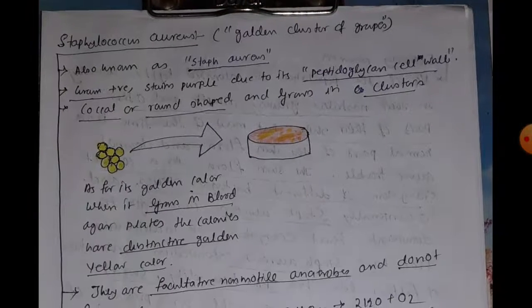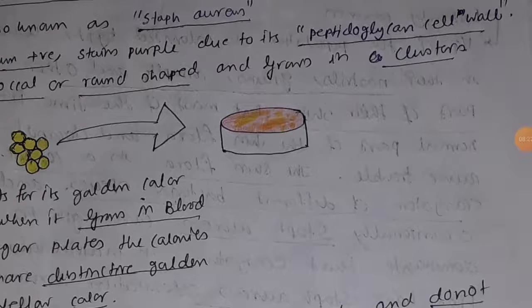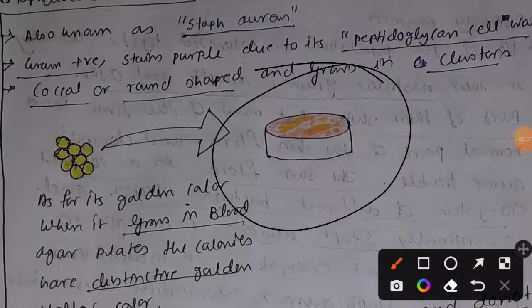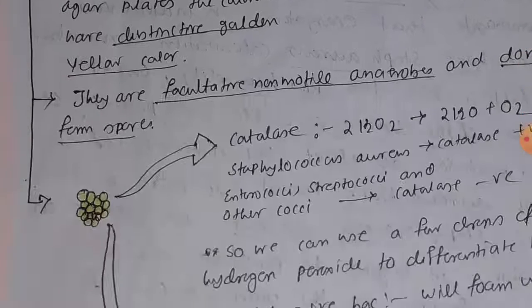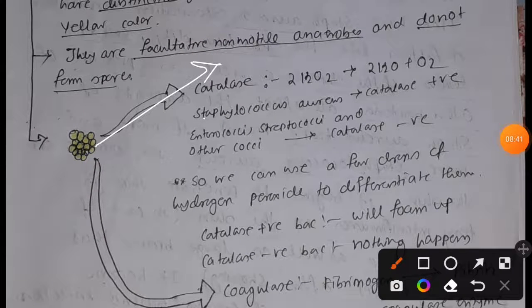So that is the introductory video of Staphylococcus aureus. It is a coccus, a round-shaped bacterium, and it appears in clusters. It grows in blood agar media and appears a distinct golden yellow color. It is a facultative anaerobe and does not form spores.